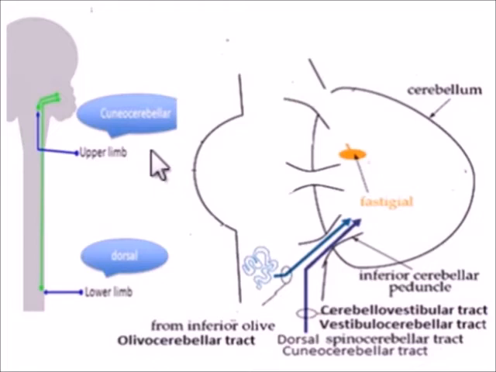While in the upper part of the trunk and upper limbs, it is the cuneo-cerebellar tract that carries proprioceptive sensation, and this tract also ascends upwards along with the dorsal spinocerebellar tract, does not cross to the other side, and along with the dorsal spinocerebellar tract it also enters the inferior cerebellar peduncle and then goes to the spinocerebellum.